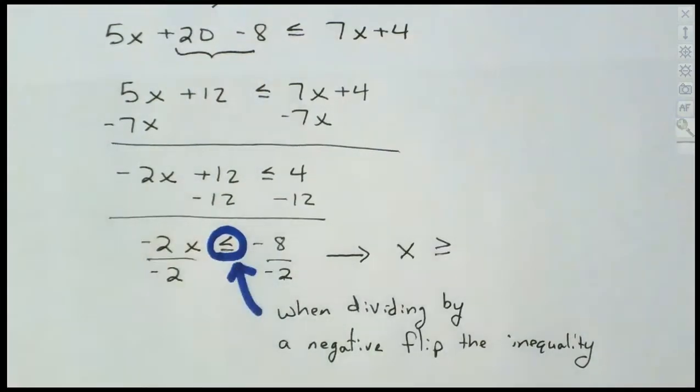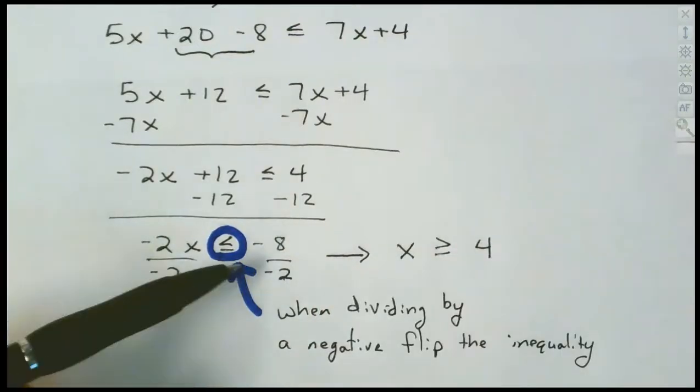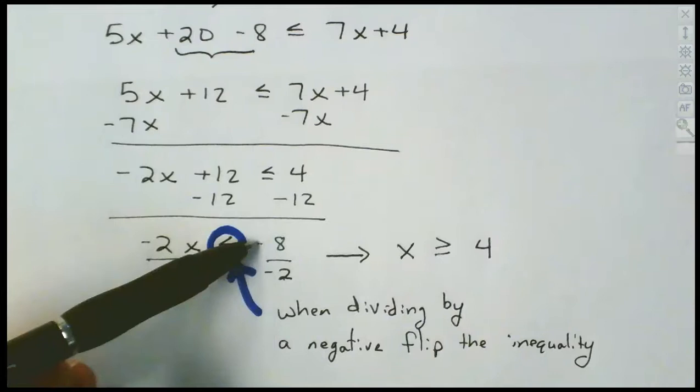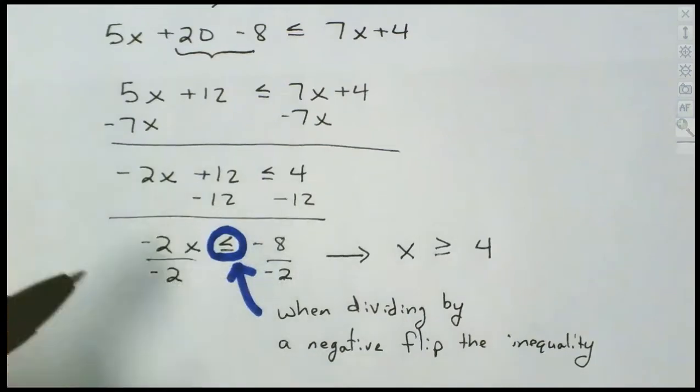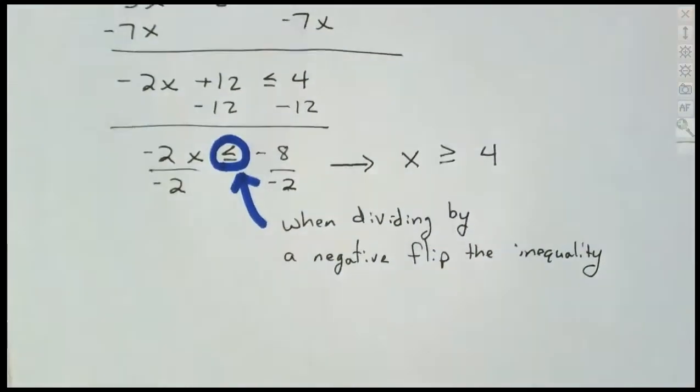Negative and negative makes it a positive 4. The way I remember is when I divided by a negative 2, I changed my sign, right? You change your sign, change the inequality symbol, or flip it. So when you divide by a negative, the only new extra step is you have to flip that inequality symbol.